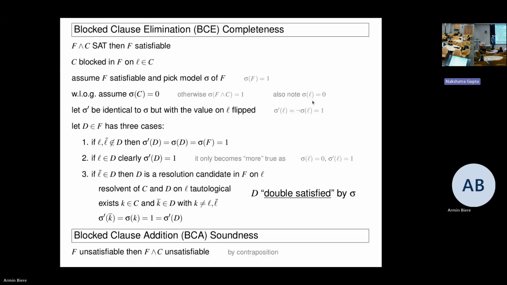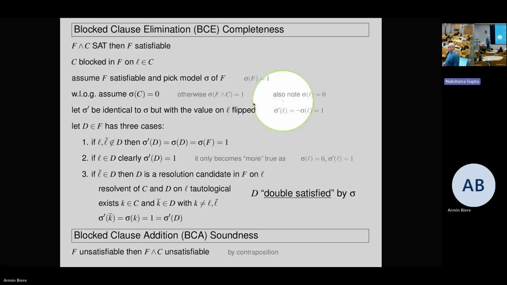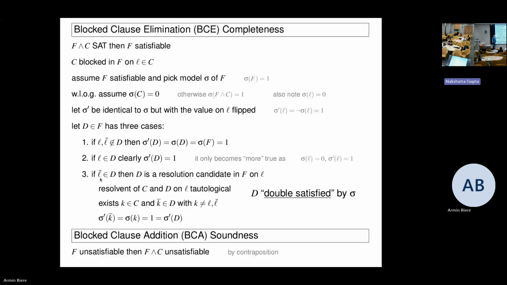Then you have three cases, and these cases are technical, but let me point out this thing here. In this particular situation, the only case where flipping this literal would break something is when this literal occurs negated in another clause like here, because then it's true and might satisfy this clause.